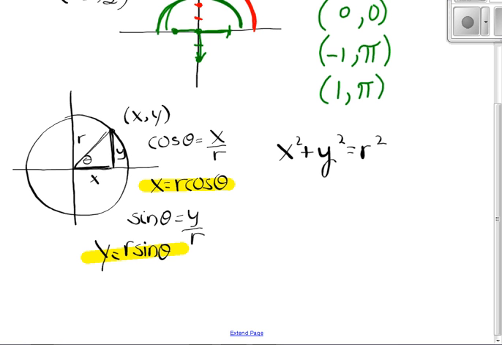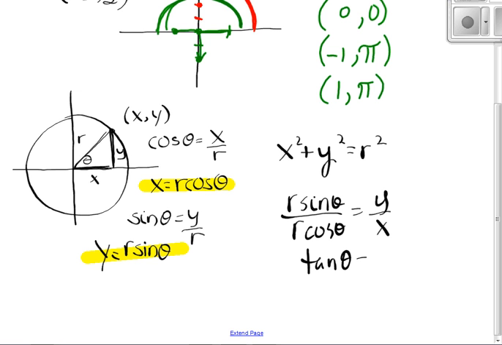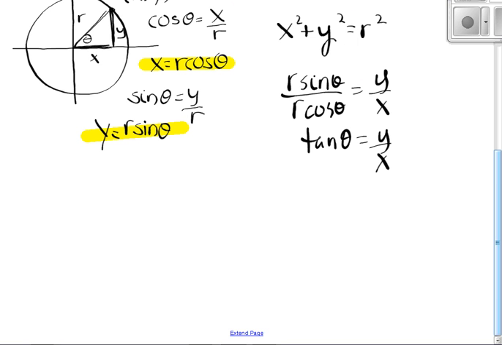If x equals r cosine theta, y equals r sine theta, if I ratio r sine theta over r cosine theta, which is equal to what? Y over x, that is the tangent of my angle. So you might have to find that angle. So theta is equal to inverse tangent of y over x.